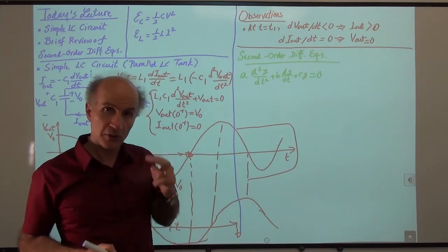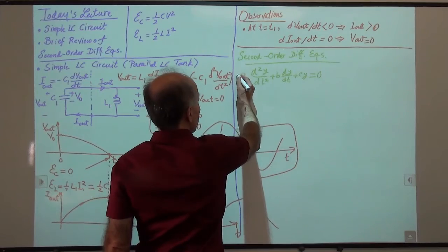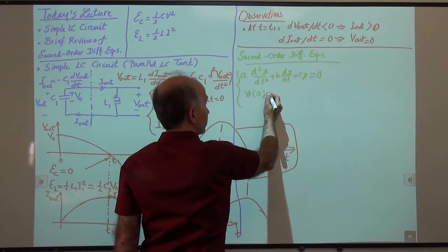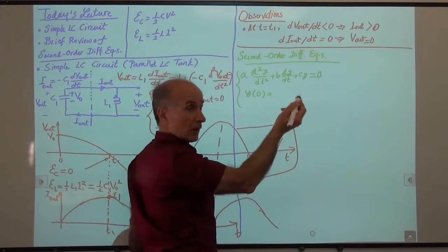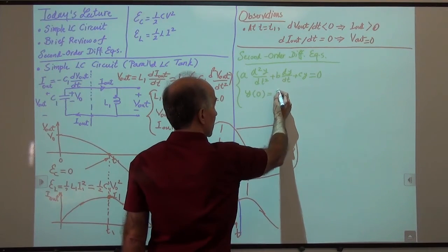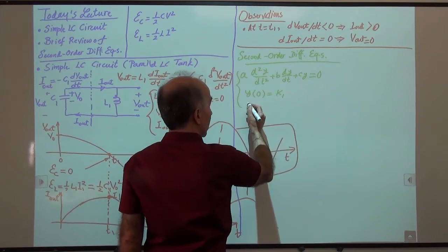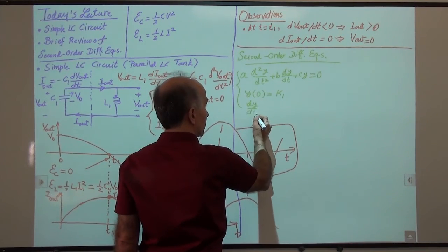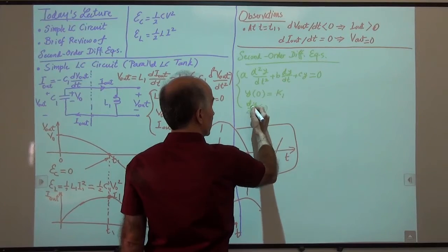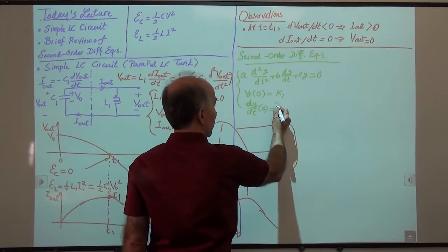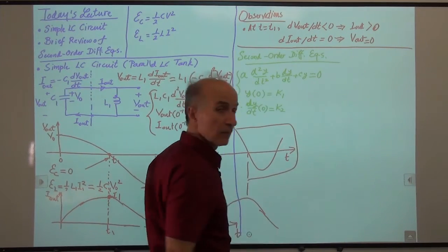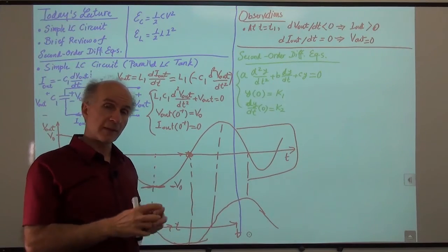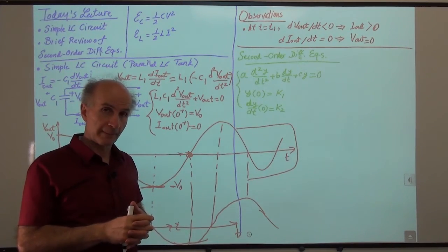Of course we have 2 initial conditions. What we are given in general is y of 0 is some amount, let's call it k1, and then dy over dt, or y prime of 0, is also some amount, let's call that k2.